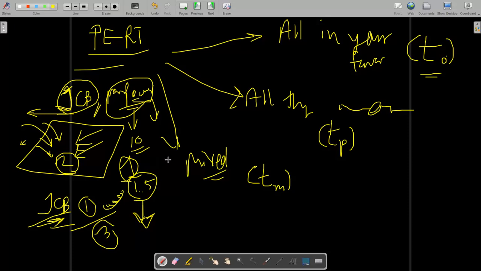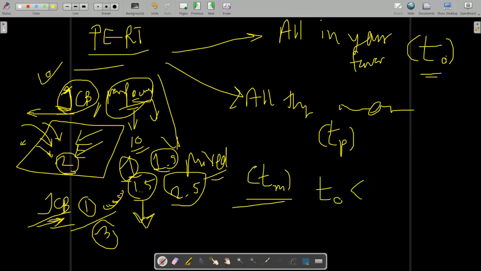But what happened, they will require 1.5 days, so your total time is 2.5 days. So here JCB worked as per your expectation, but manpower did not. So this is a mixed condition and mixed time. And always optimistic time is less than mixed time, and mixed time is always less than pessimistic time. Okay, this is for your example.